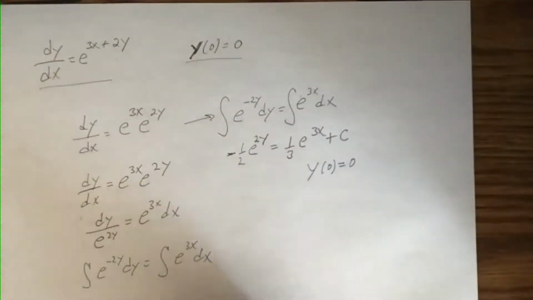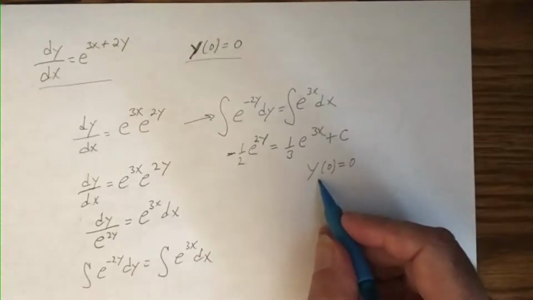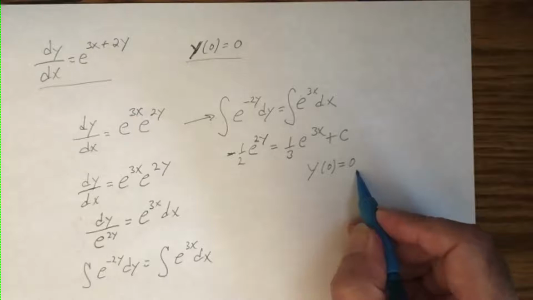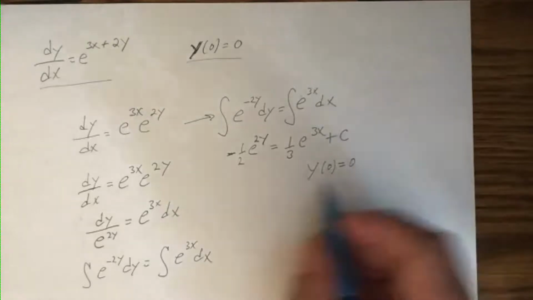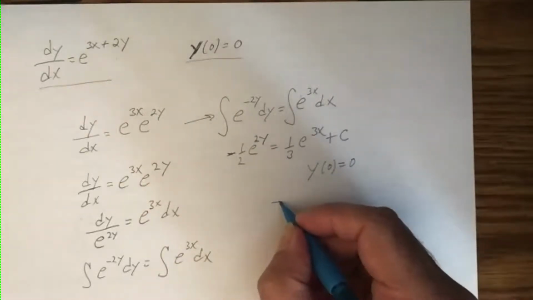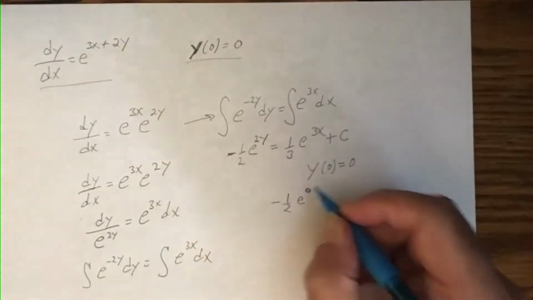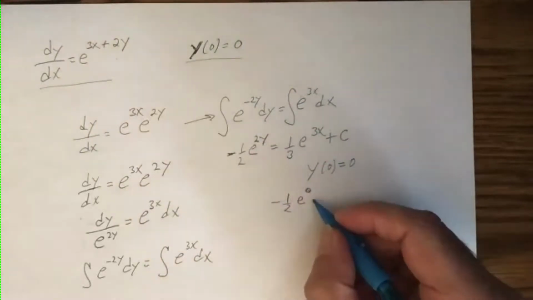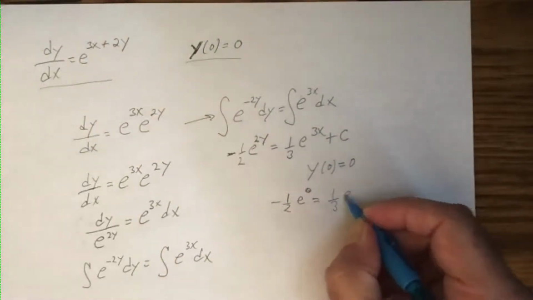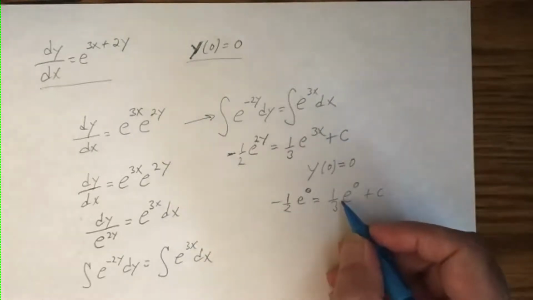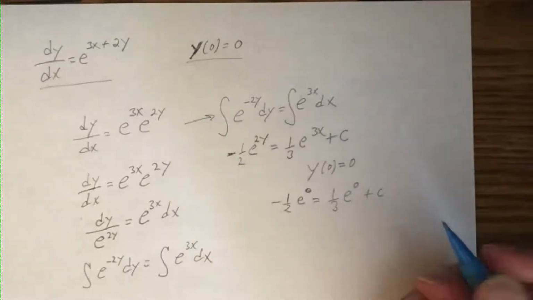We're told in this problem the initial condition is y of 0 is equal to 0, so they're both 0. So this is going to be minus 1/2 e to the 0, 2 times 0 is 0, is equal to 1/3 e to the 0 plus c. E to the 0 is 1.